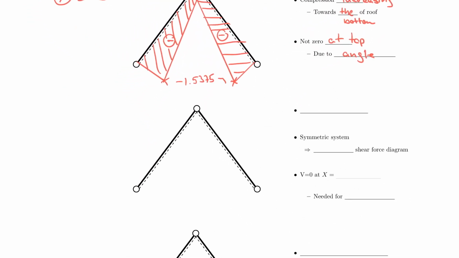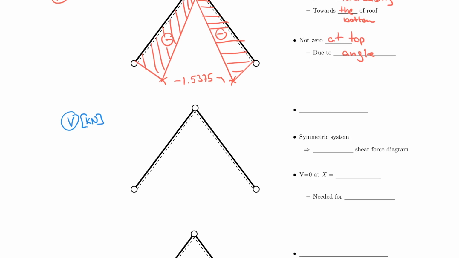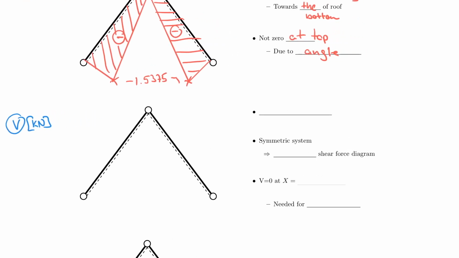Same is true for our shear force. It will also be in kilonewton as before, and we have a shear force function as V of x, which we calculated to be minus 0.18x plus 0.45 kilonewton.